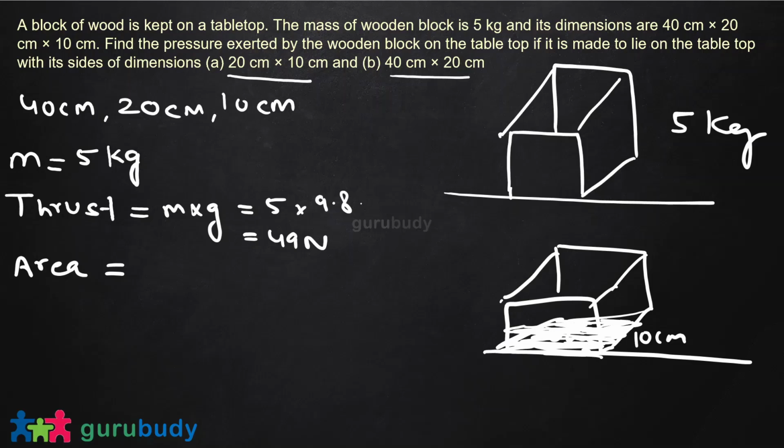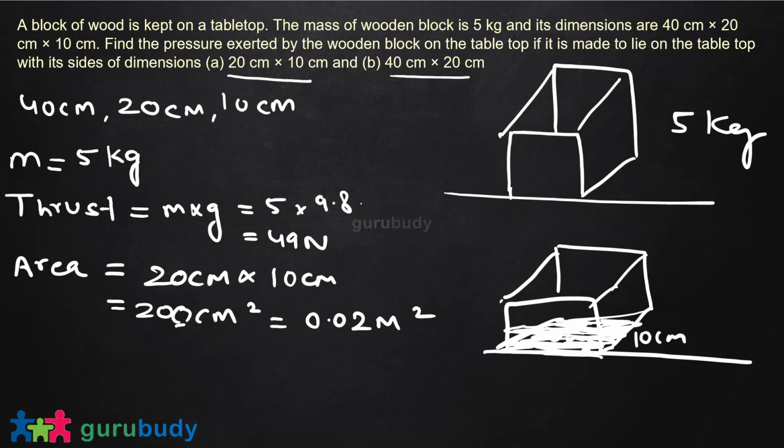It's a rectangle, and the dimensions would be 20 centimeters into 10 centimeter. So that would be about 200 centimeter square, and I would like to convert that into SI unit for our problem. So that would be about 0.02 meter square.